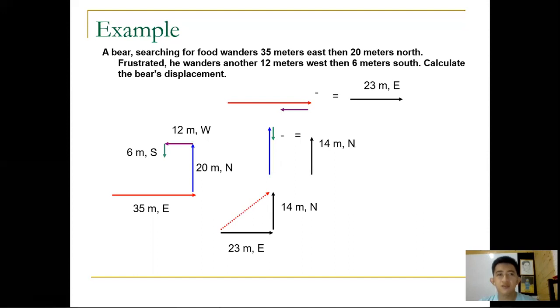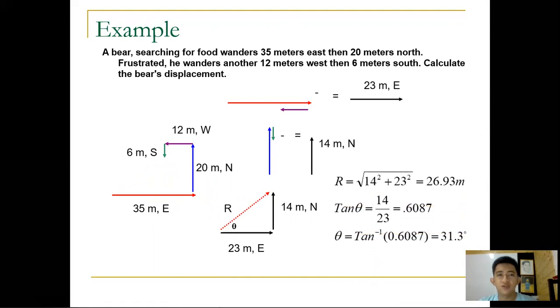Here we can use the Pythagorean theorem. To identify the total or the resultant displacement of the bear, we need to use this equation. We have 14 squared plus 23 squared, then get the square root of the sum. And we will arrive at 26.93 meters.